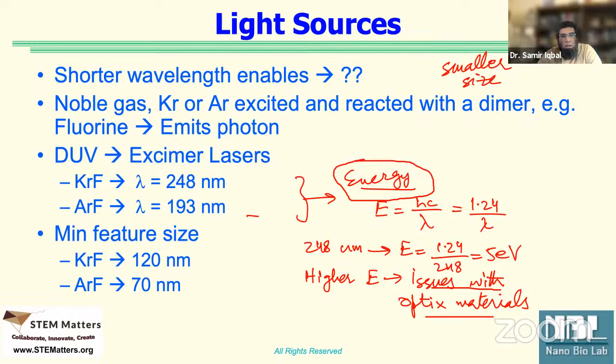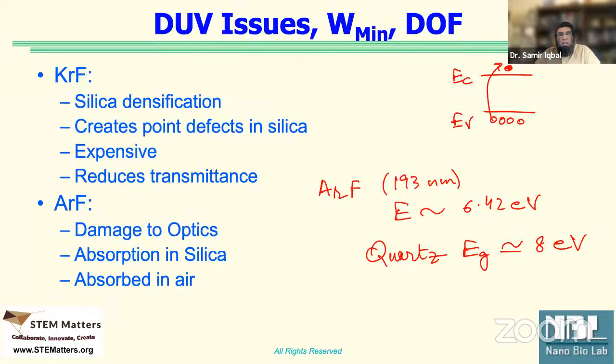But in that discussion, we saw that if lambda goes too small, the energy of the photons goes up. When energy goes up, that becomes a problem, because when we are using optical lenses, we are using all tricks to keep our light in focus.